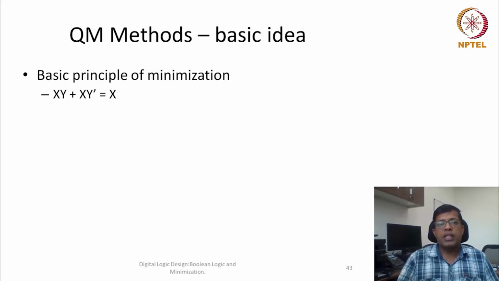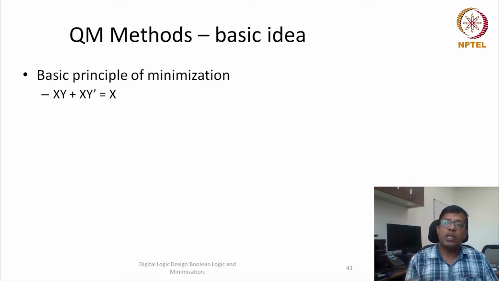In Quine-McCluskey, the basic principle is still the same: two terms can be minimized or combined if only one variable is different. So let's say xy plus xy dash equals x. Because y and y dash are present, if we add both of them, then y can be eliminated.